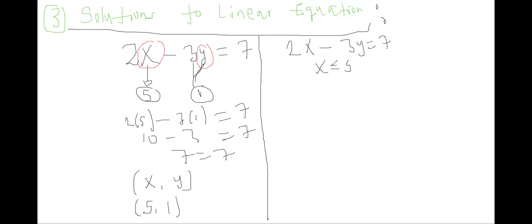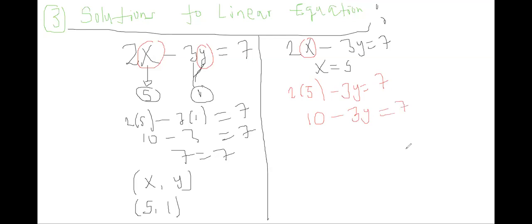So if x equals 5, what will happen here? We remove this x and put 5 there. So it will be 2 times 5 minus 3y equals 7. So 2 times 5 will be how much? 10, minus 3y equals 7.